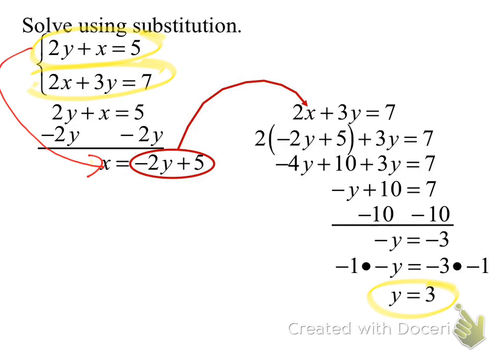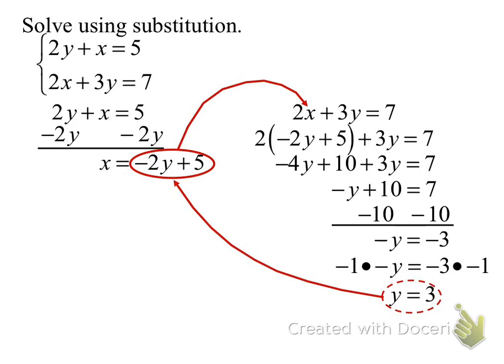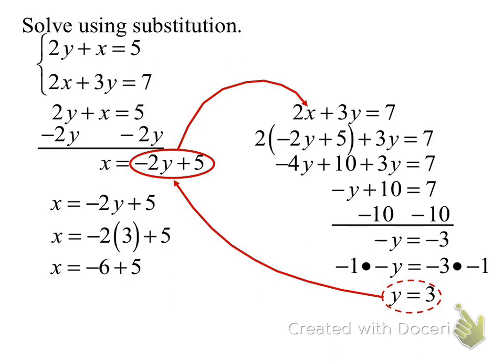It's still the same value. So I can substitute in here and it makes it nice and easy. Okay, so I'm substituting into x equals negative 2y plus 5, and we get x equals negative 1, and so my solution is negative 1, 3.